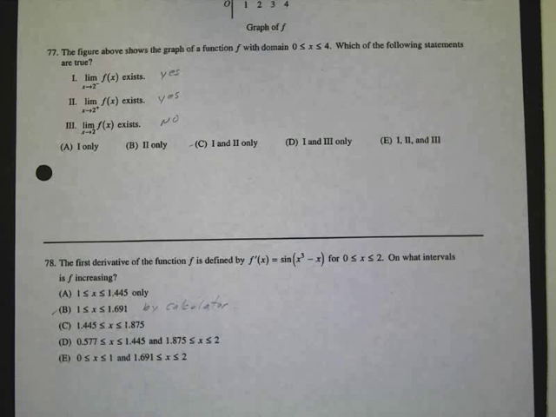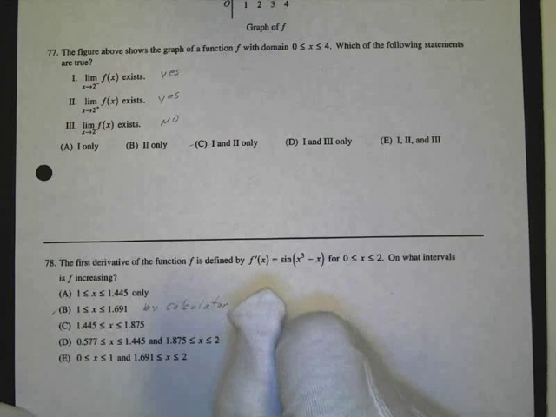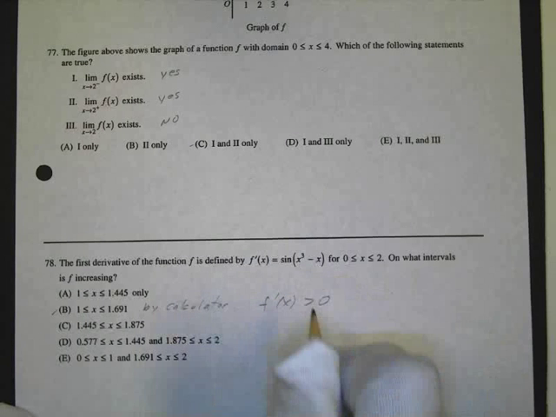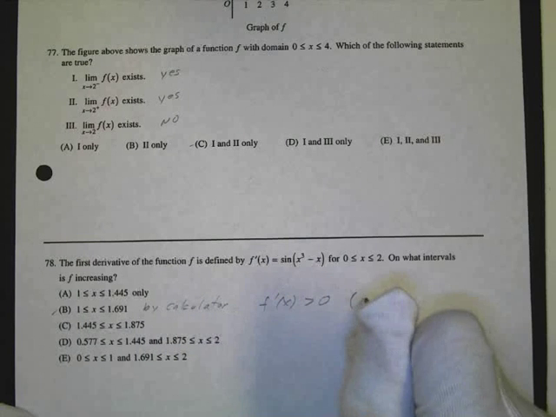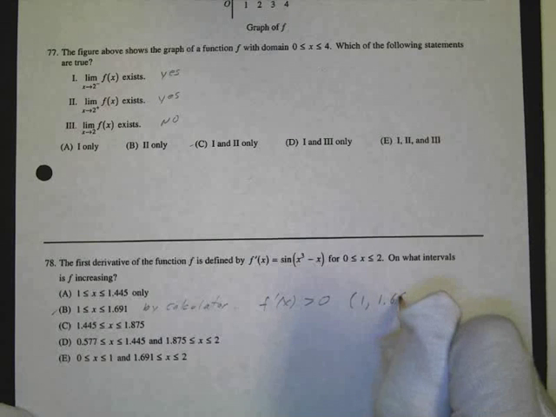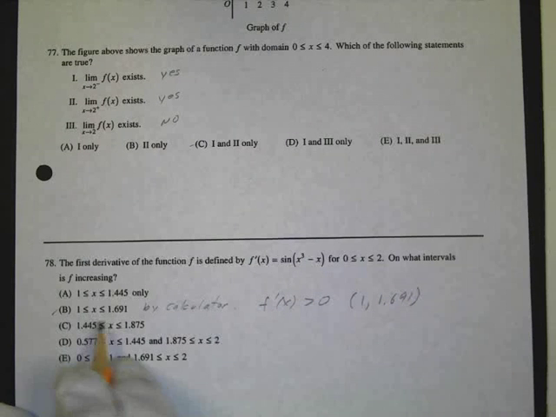So we say it's increasing on the closed interval. By the calculator, we know that f prime of x is greater than 0 on the open interval 1 to 1.691, so we say it's increasing on the closed interval. Okay, if that helps.